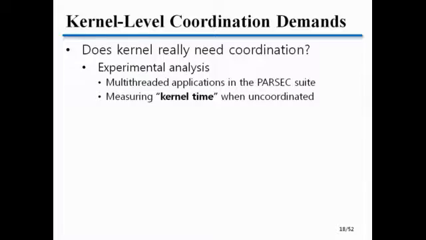In order to find out the kernel level coordination demands, we did an experimental analysis using the multi-threaded applications in the Parsec benchmark suite, which include emerging and diverse multi-threaded applications. We can measure how CPU time spent in the kernel space is affected by uncoordinated scheduling.